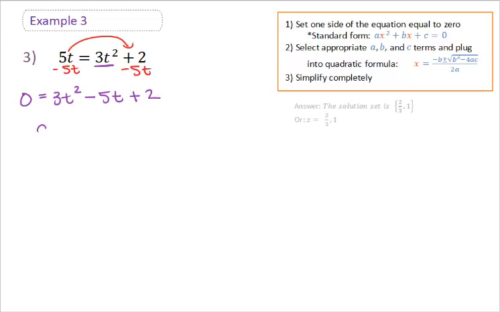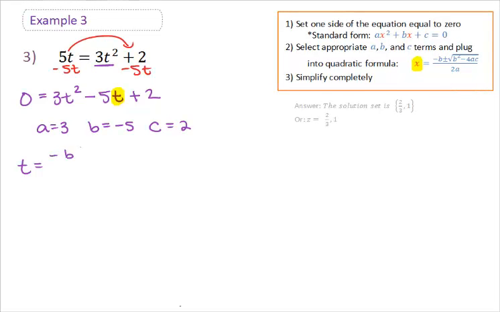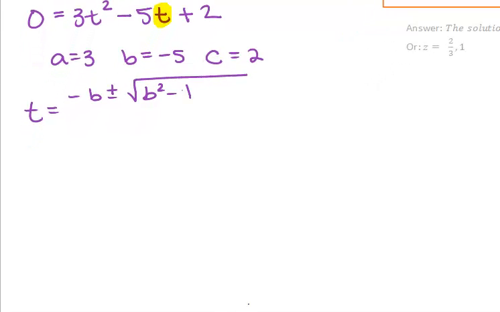My a value is 3, my b value is negative 5, and my c value is 2. And my variable in this problem is my t. So writing down my formula, I have t is equal to negative b plus or minus square root of b squared minus 4ac, all over 2a.